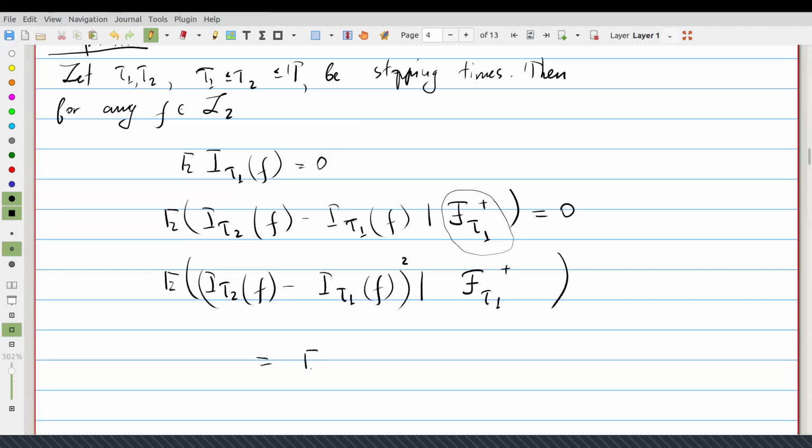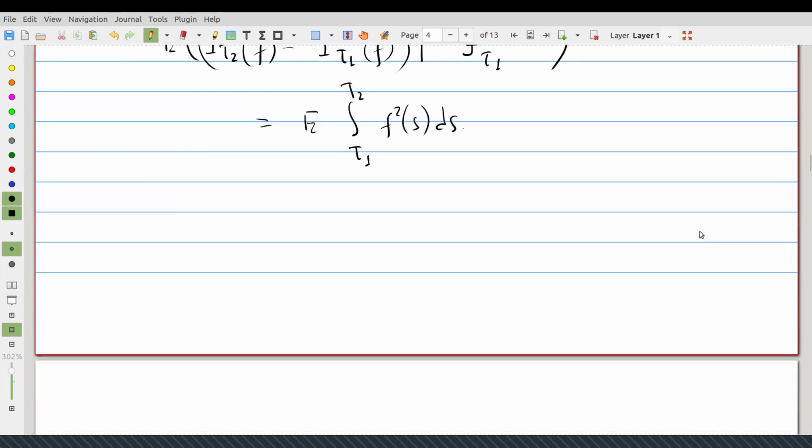And this is mathematical expectation from tau 1 to tau 2, f squared of s ds. So this is analogous to isometry. Again, this is very expected, because all this happens in L2 sense, and we already know that all that happens in L2 sense is essentially related to the strong Markov property. The strong Markov property we formulated exactly in the way that it is written with respect to this sigma algebra. So everything should be okay.